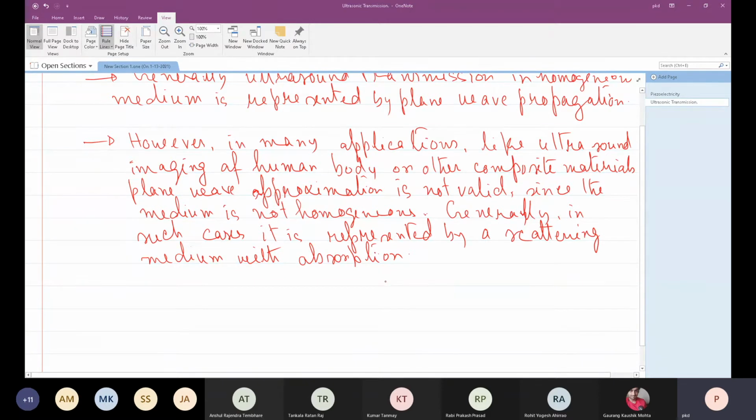So then there are scattering. The medium itself is treated as some scattering medium because the inhomogeneity does not have a particular boundary such that plane wave approximation can be used, and subsequently we can use the formalism of deflection refraction to define the propagation.